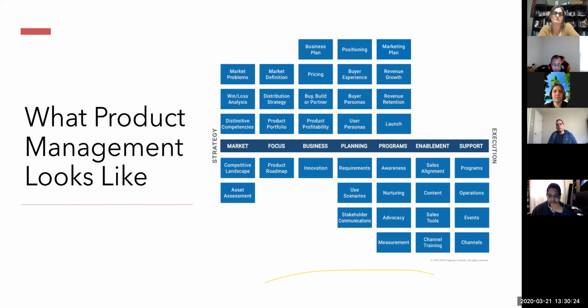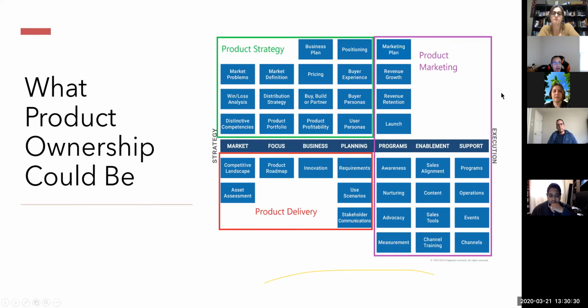And it really depends upon your industry and your organization. They also try to give you an idea of where some of these things lie. So you have that product strategy piece, you have the product delivery or product tactics piece, you have the product marketing. And the reason that all these areas are so important is because they really do interact with one another.